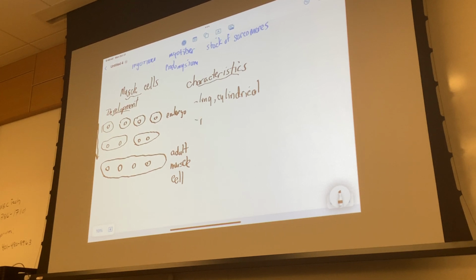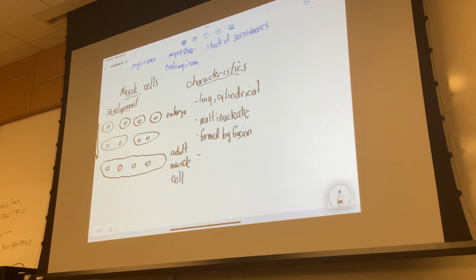On the left-hand side, I drew a cell that had 4 nuclei. They're formed by fusion. They have a very well-developed series of characteristic structures.